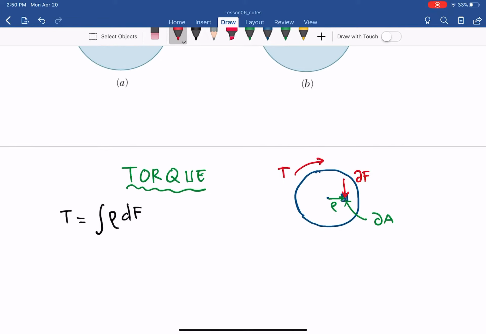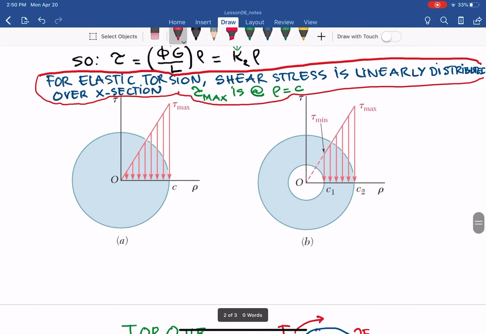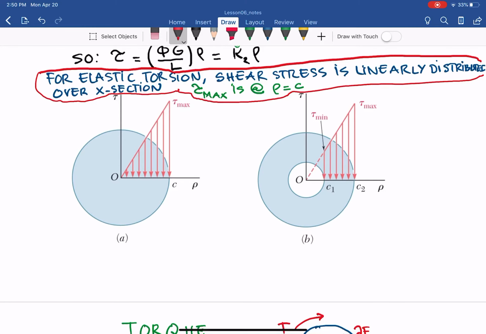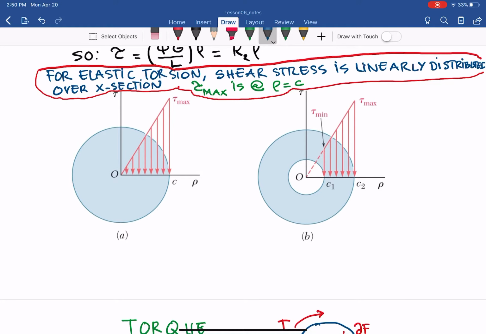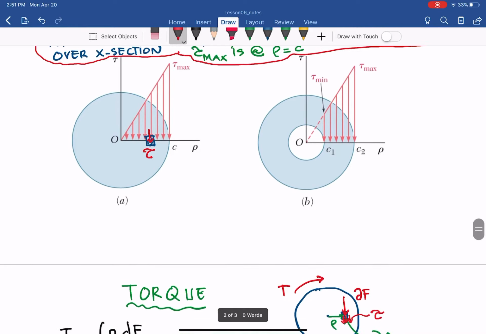On that member we have tau, which is the shear stress distributed on that portion, and you can see the tau distributed. If we take a portion here, then the tau corresponding to that portion is the shear stress, parallel to the cross section.